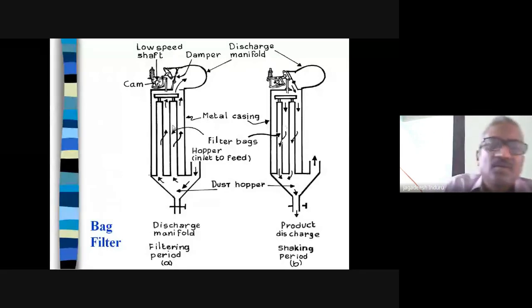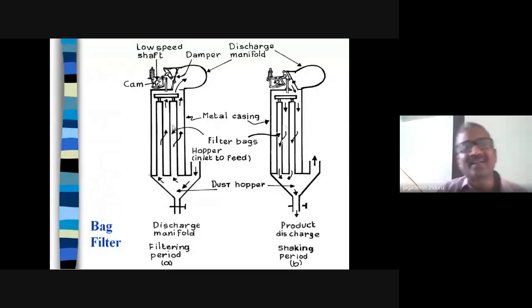That is the screening surface, the cloth. The cloth contains cotton, nylon, Teflon or any wire or cloth thread, crisscrossed to get a cloth. That cloth has an aperture size, the opening in the gaps between the threads, and that gap is smaller than the size of your powder. That is the reason these cloth bags are used. First, we will see the bag filter construction.